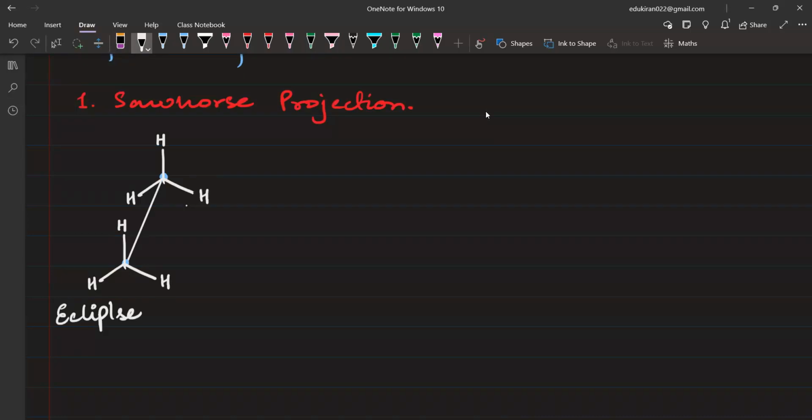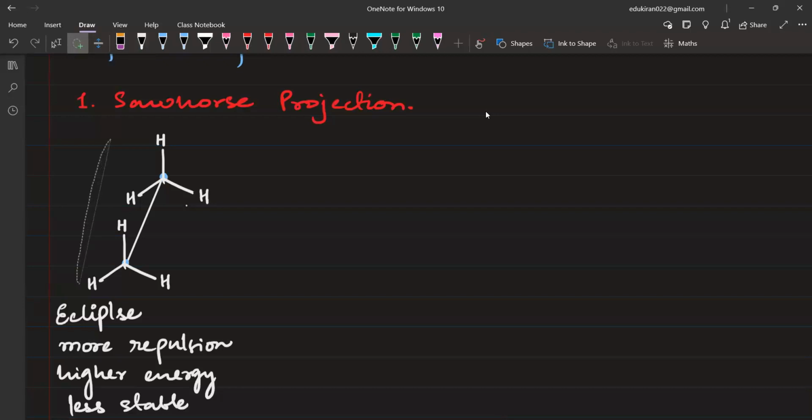Now in eclipse configuration, since the hydrogens are very near to each other, what will happen? There will be more repulsion between the hydrogens. It will have higher energy, and it will be less stable.